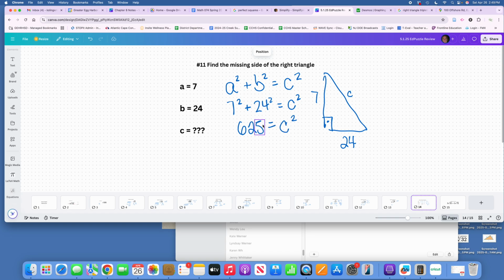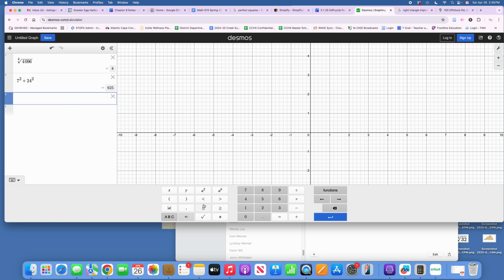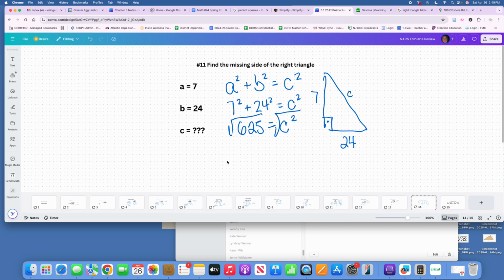But I don't want C squared, I want C. So I have to take the square root of both sides. So now I'm going to go back to Desmos, and I'm going to take the square root of 625. And the answer is 25. So the missing part of my triangle is 25.